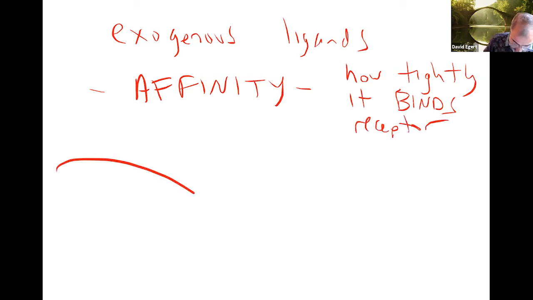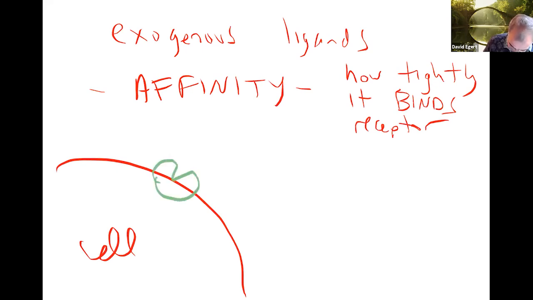So if I have some cell and some receptor, I could have a low affinity ligand. What that means is it gets in there, hangs out a little bit, then it breaks off.